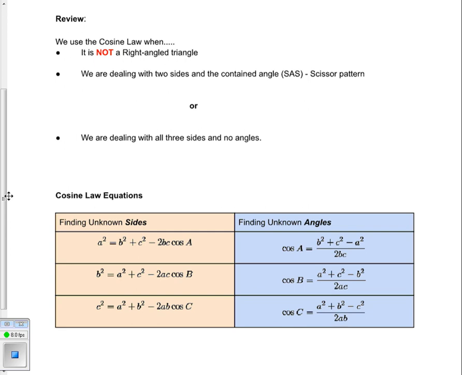So for example, if we have a triangle that looks like this, and we don't know this side, okay, but we do have this angle, and we have this side length, and we have this side length, okay? So those two things together, that's going to make up our scissor pattern, and that'll allow us to solve for this unknown angle, okay? Or sorry, that unknown side length.